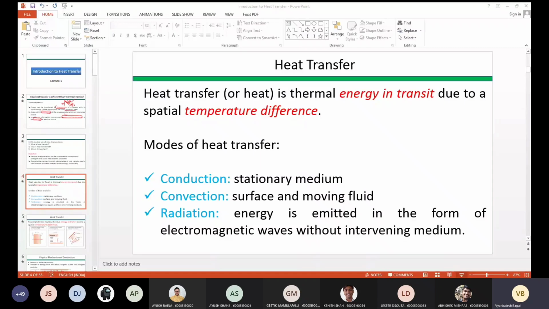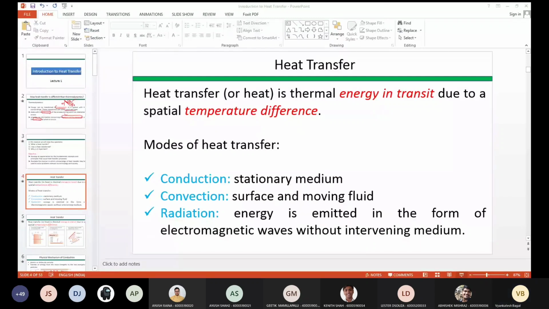So remember, heat or heat transfer is the form of energy in transition or energy in transit, and this is happening with respect to space and temperature difference. If you have a flow domain like this, and you take two points, point 1 and point 2, as long as there is a temperature difference between these two, the heat transfer will take place. So the driving potential in case of heat transfer is the temperature difference.